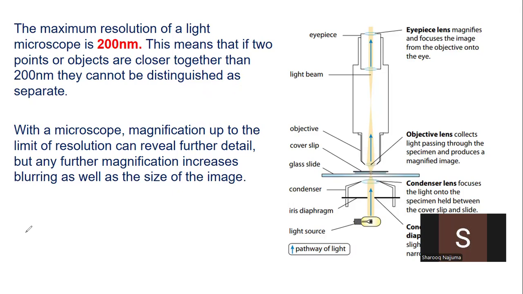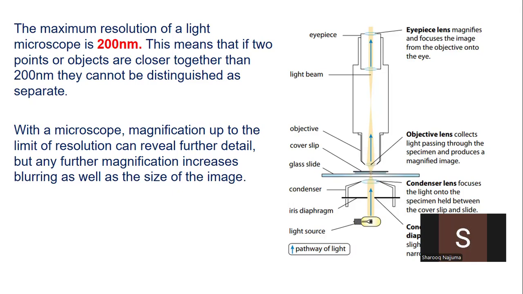So the resolution of a light microscope is 200 nanometers. And someone will be wondering, why is it that a light microscope can only show you structures that are bigger than 200 nanometers, but those which are smaller than 200 nanometers, you'll not be able to see them. And this means that even if you try to increase the magnification, the images won't become much more clear.